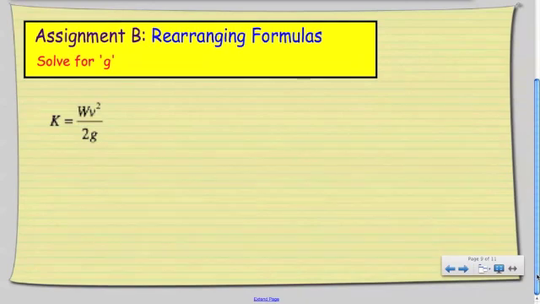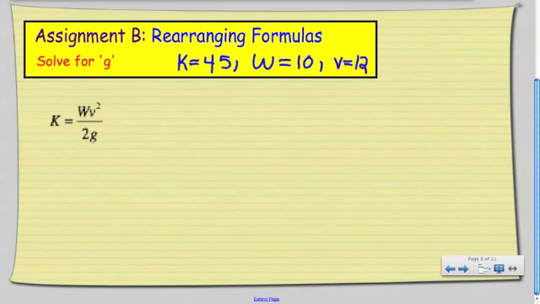So K is equal to WV squared over 2G, where K is equal to 45, capital W is equal to 10, and V is equal to 12.